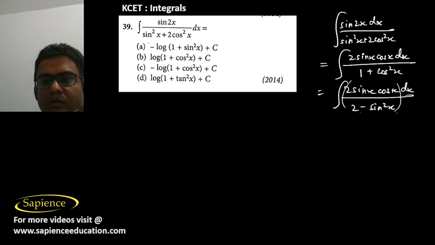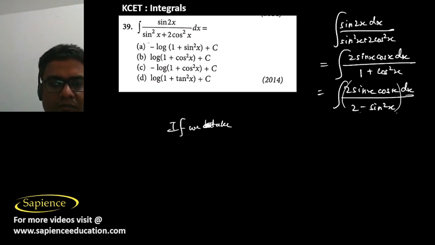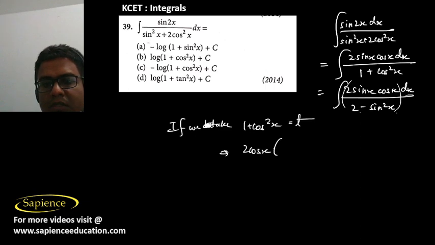Now what we can do? Suppose we take this 1 plus cos square x here, this is equal to t. Then 2 cos x into minus sin x dx is equal to dt.